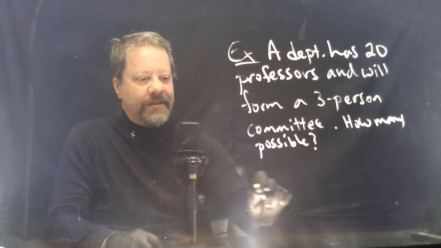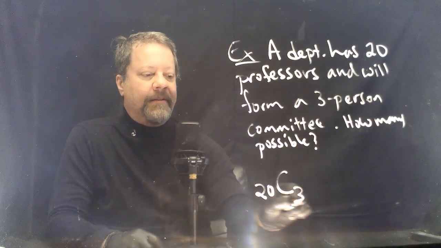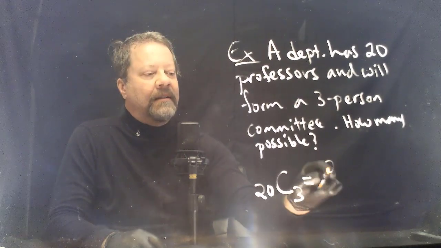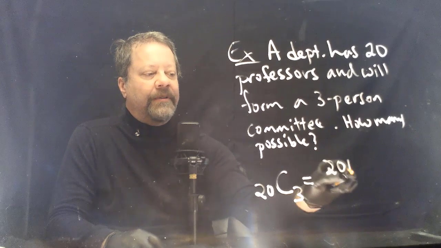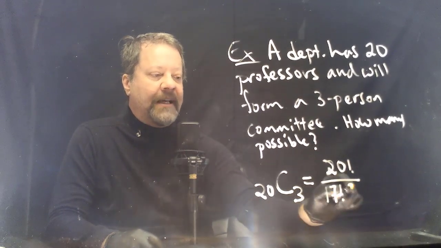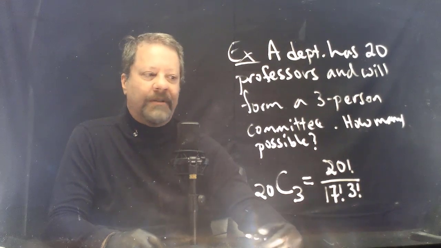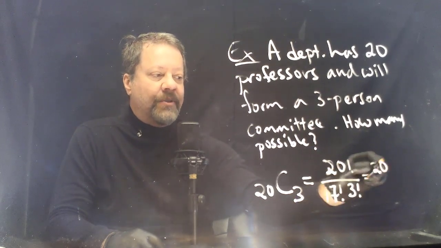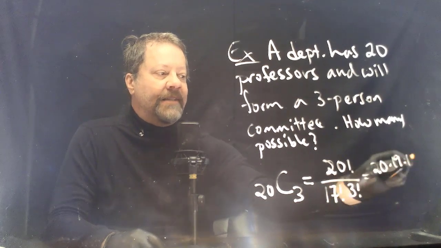Well, the answer is 20 combine 3. 20 choose 3. That's 20 factorial divided by 17 factorial times 3 factorial. 20 factorial divided by 17 factorial is 20 times 19 times 18.